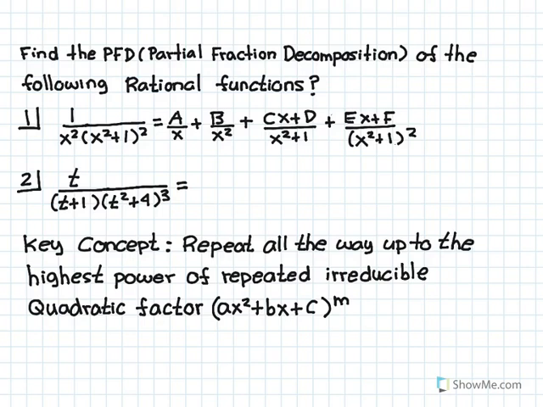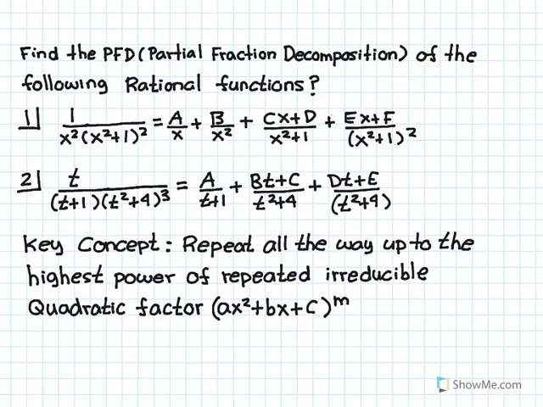Let's look at another example. Here we have t divided by t plus 1 times t squared plus 4 all cubed. So we do the partial fraction decomposition. We have a divided by t plus 1 plus bt plus c divided by t squared plus 4 plus dt plus e divided by t squared plus 4 all squared plus ft plus g divided by t squared plus 4 all cubed.